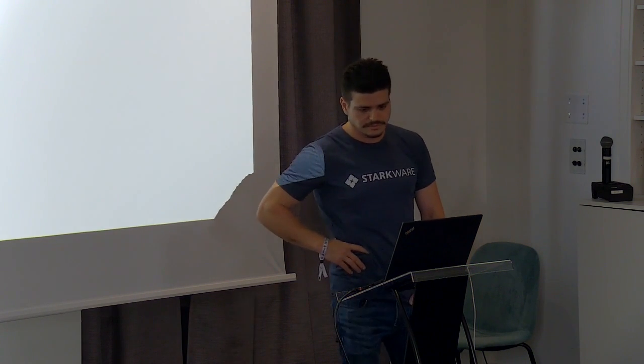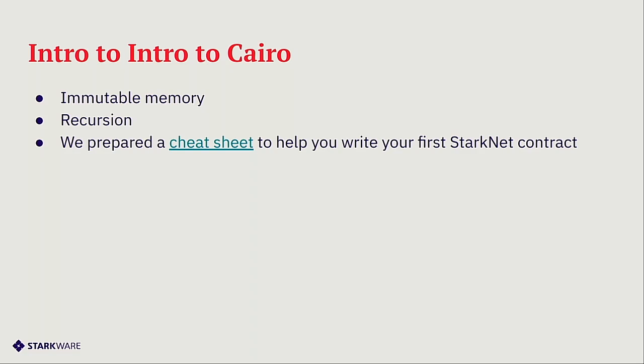Anything else? Yeah, maybe I would just add, there's a very nice presentation by Shachar on how we created Cairo, but for the sake of StarkNet, StarkNet basically abstracts most of this from the developer, and allows him or her to write contracts the same way that you are used to.